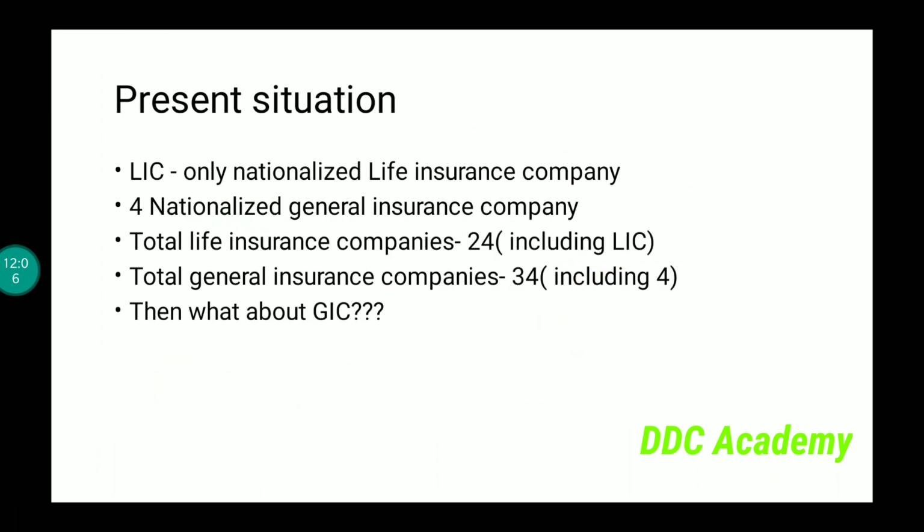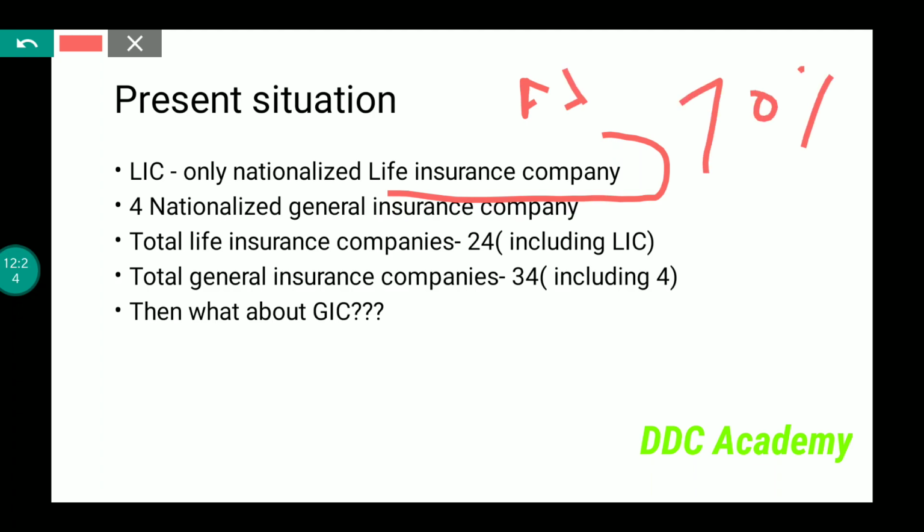Let's move on. So what is the present situation? At present there is LIC, the only nationalized life insurance company, and it is the biggest, still holding about 70% market share.